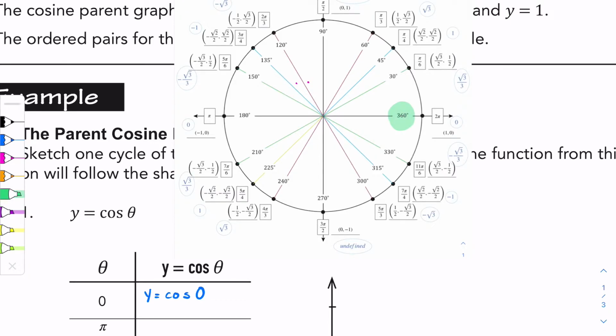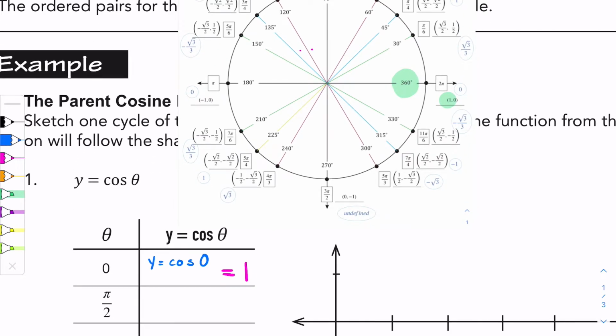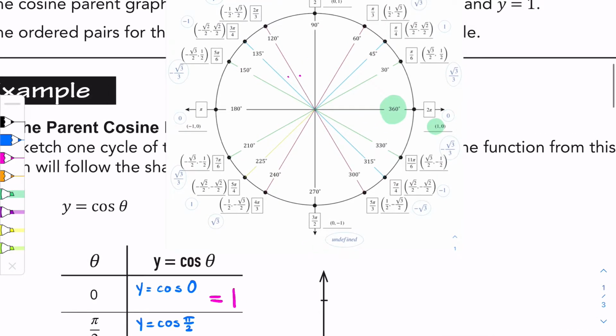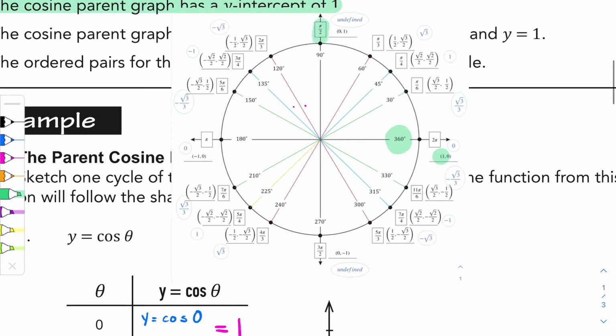When theta is 0, the cosine value at that point is 1. Next, we have when theta is equal to pi over 2. So this is asking us, at pi over 2, what is the cosine value? Here's pi over 2. The cosine value is 0.